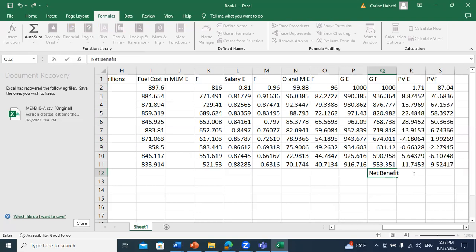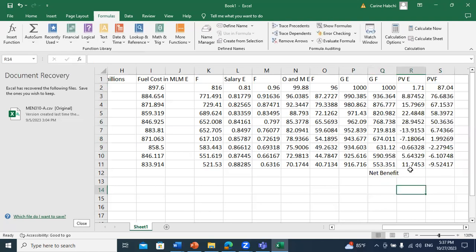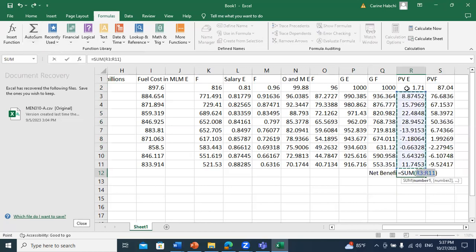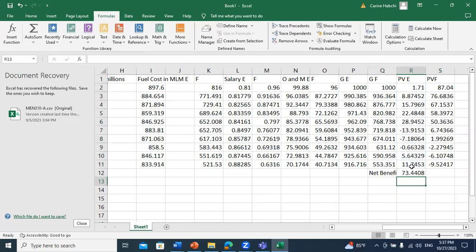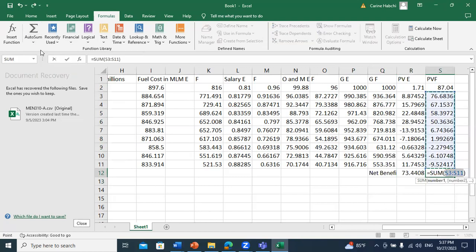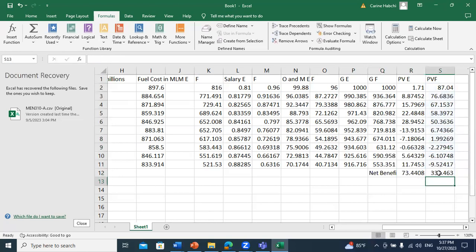All we have to do is the summation. So here we compute the sum of these terms. And here also we do the summation. Of course, it's positive, but it's not encouraging.